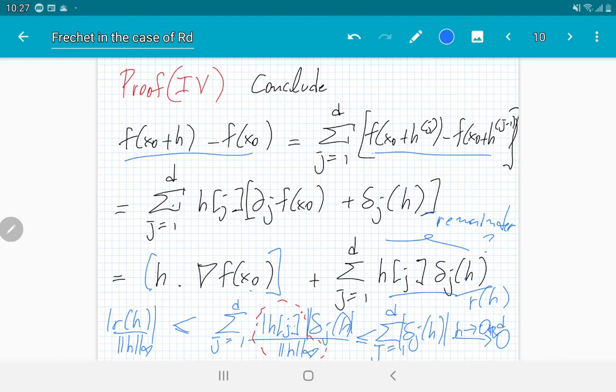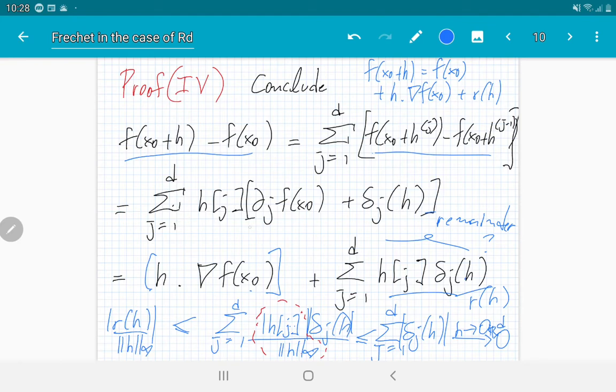And what have we shown? If you like to write it in another form, f of x0 plus h is equal to f of x0 plus h inner product with the gradient plus a term r of h that, when divided by the norm of h, goes to 0 when h is small, right?